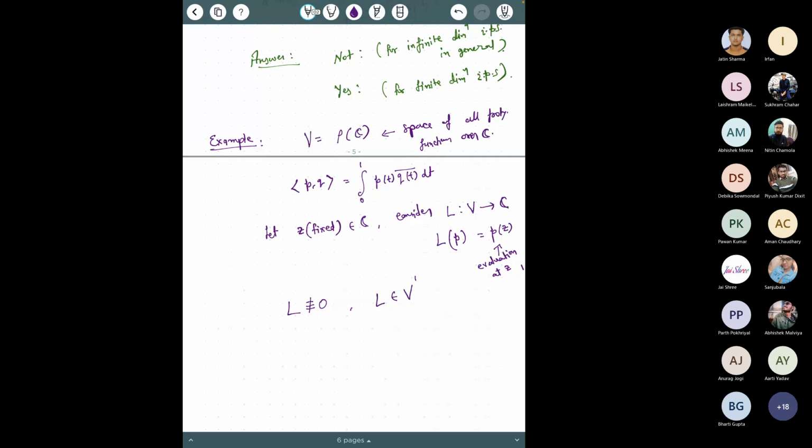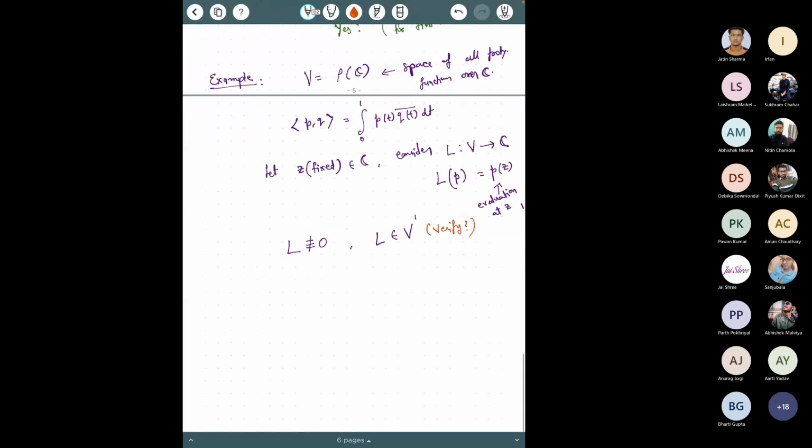This also you can easily verify. So can you check that this L is non-zero? Constant polynomials. Yeah, so this is non-zero.